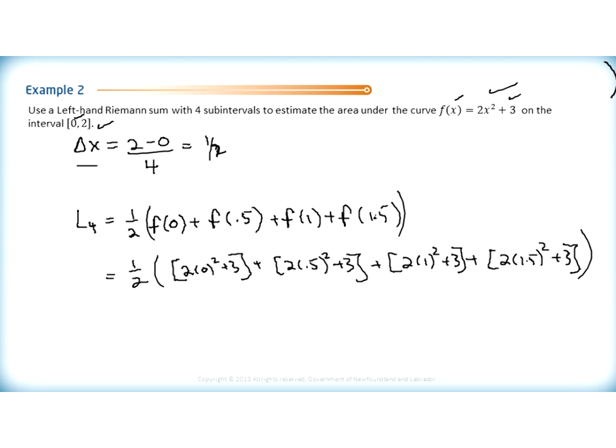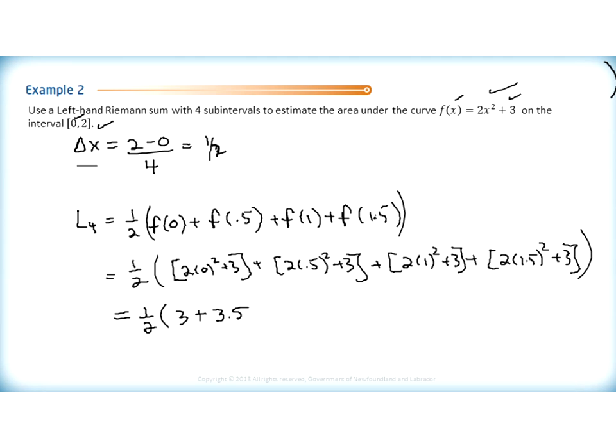Put all that together, and I've got to figure out what this is going to give me for my total. So let's see. This is going to be 1/2 times, we're going to have 3 plus, that looks like about, at 0.5, I'm going to get 3.5 there, right?